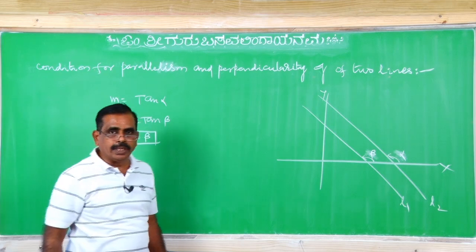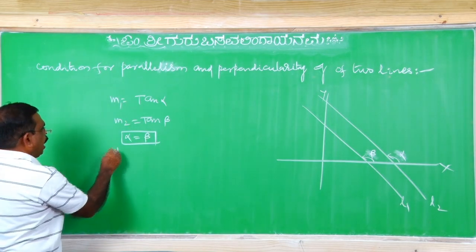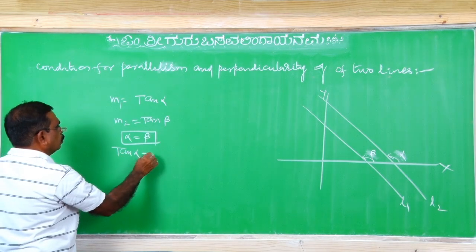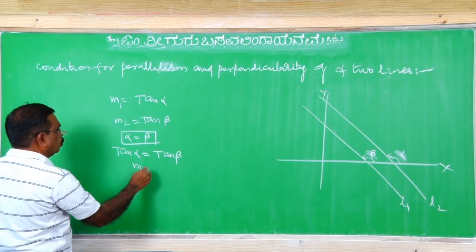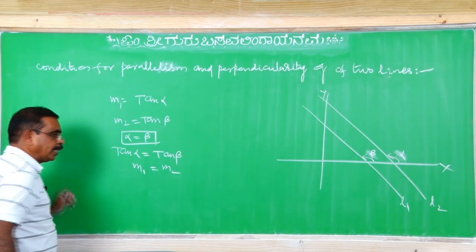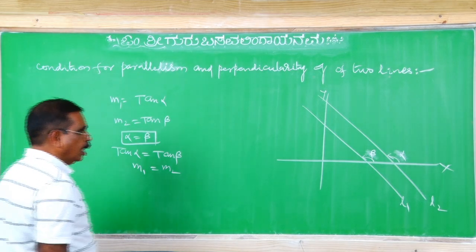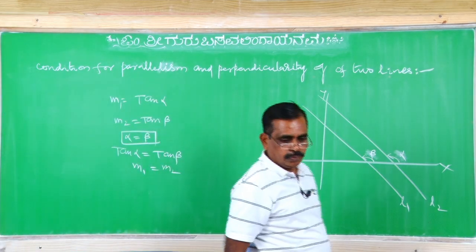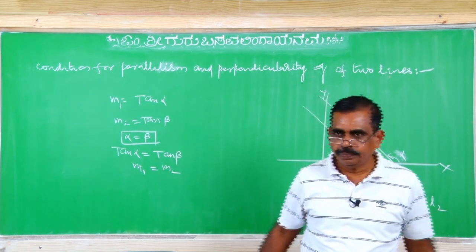Alpha is equal to beta means what? Tan alpha is equal to tan beta. That means m1 is equal to m2. Write down, slopes are equal, lines are parallel.